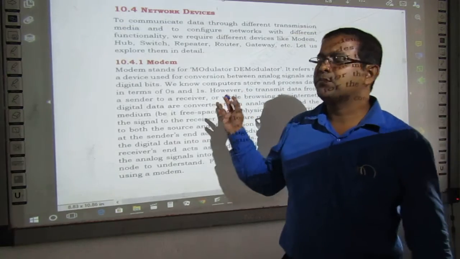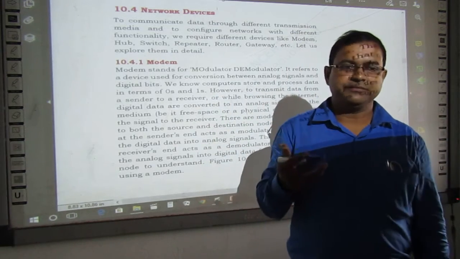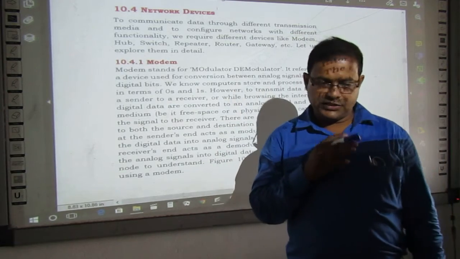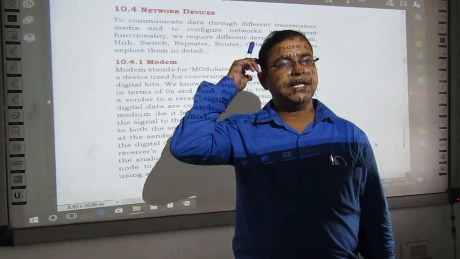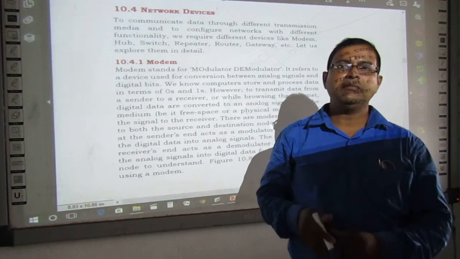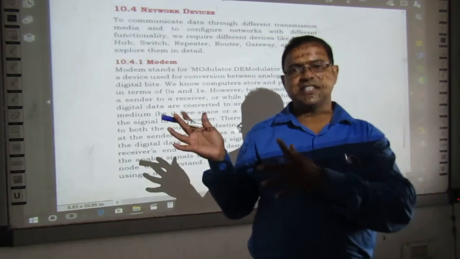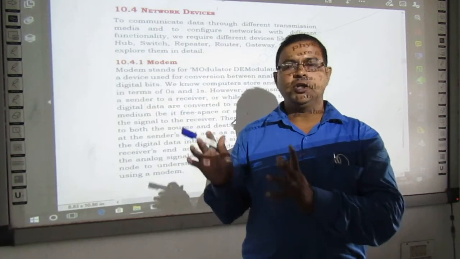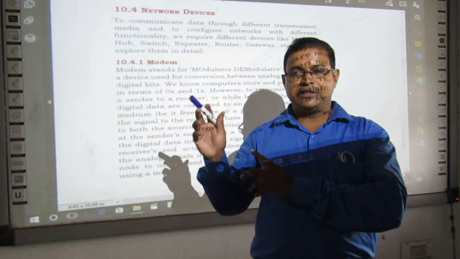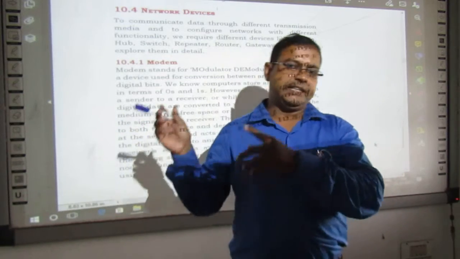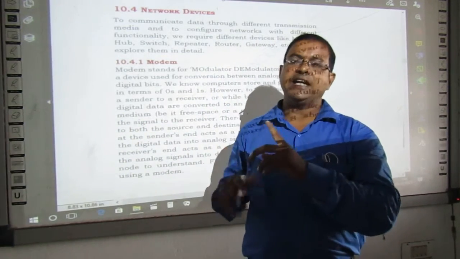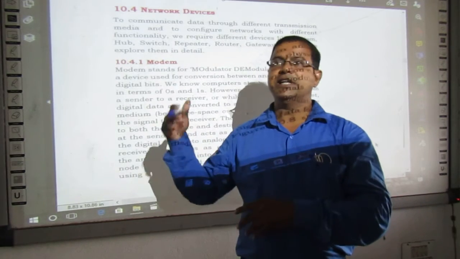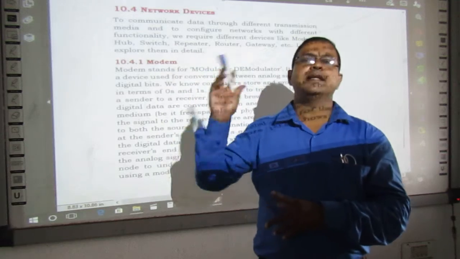The modem is the key player which modulates my digital voice into analog format, and this voice can be transmitted over that wire. Whenever that voice reaches the destination, my student's phone, that phone also has a modem connected, and the role of that modem on the receiver side is to demodulate my transmitted analog voice into digital form, so that he can listen to my voice.